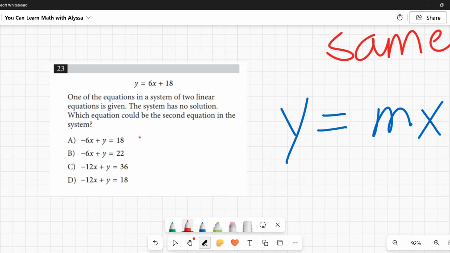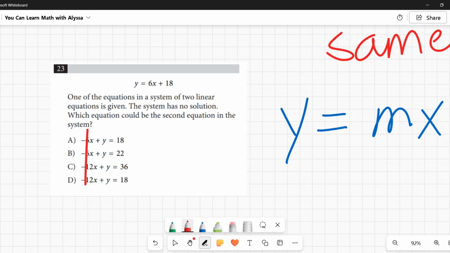So what happens when you move something over? You're going to do the opposite. So here we have a negative 6y, so I'm going to add 6x to both sides. If I add 6x, it's going to get rid of that. I'm going to have 6x plus 18. And all of these are going to be that same way. It's just going to move it over to the other side and it changes it from a negative to a positive, essentially.